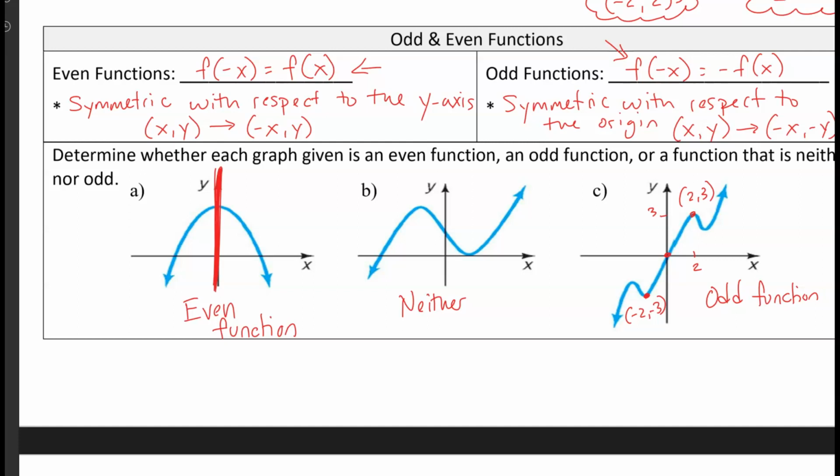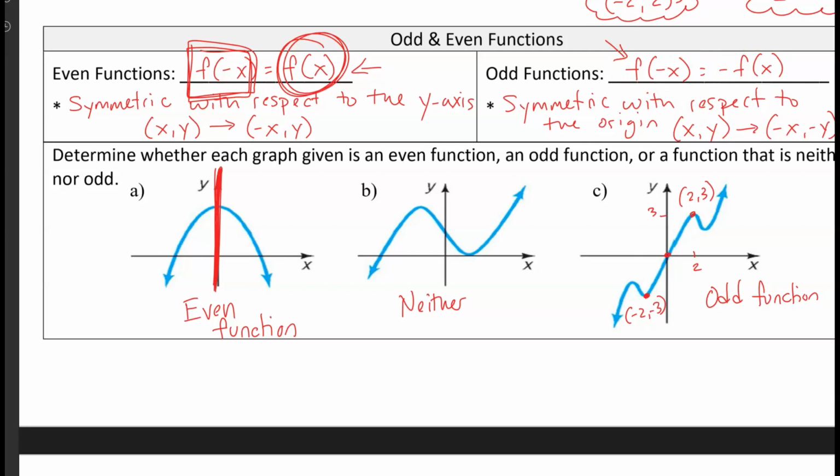It is easiest to check for even functions, so I would check for even first, and then if it's not even, you check odd. The reason it's easier for even is because, look, this is the original function, f of x. You're only having to find one different function, whereas for odd functions, you're having to find two.